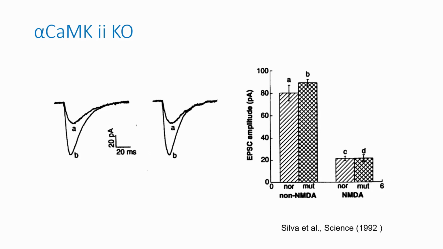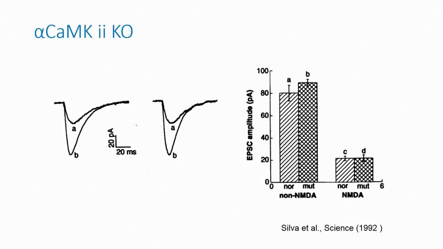as can be seen in these responses, the evoked responses. What we are seeing here are the evoked responses in the knockout versus the control, and they are measuring two different kinds of currents, the NMDA receptor dependent current and the non-NMDA receptor dependent current.